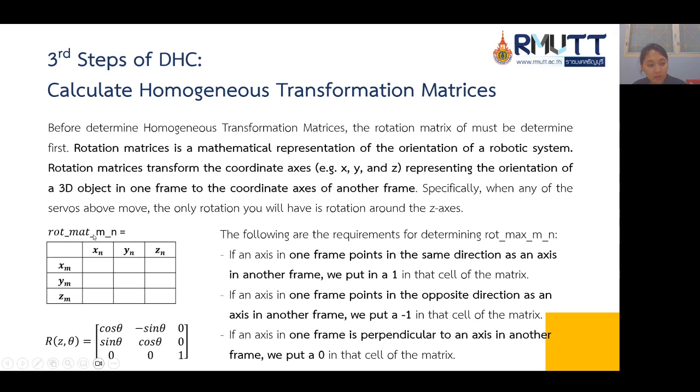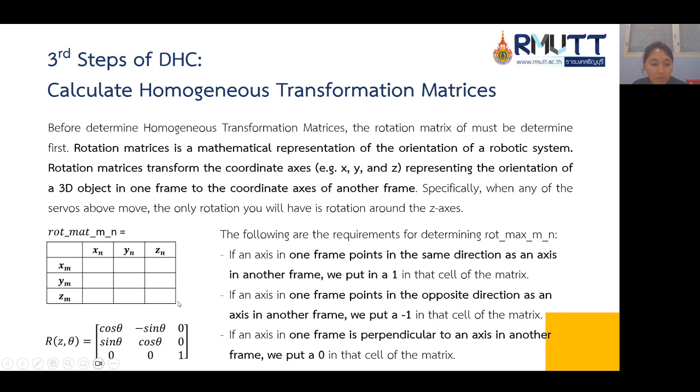We determine the rotation matrix first, and then multiply it with the rotation matrix about the Z-axis, because the rotation is only about the Z-axis. Just multiply these two matrices.